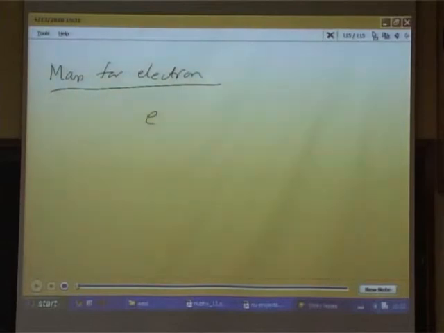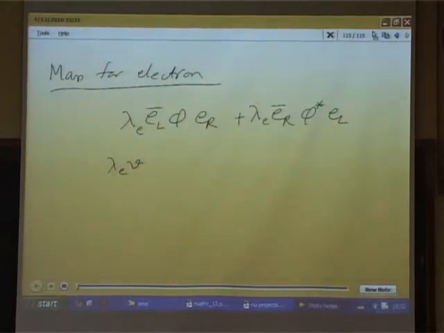We have a term which is E L bar phi E R. You can have a complex conjugate term, E R bar phi star E L. At some point when the Higgs gets a vacuum expectation value, there is a constant here, let's say lambda E. When phi gets vacuum expectation value equal to V, this is going to become lambda E V. Then E L bar E R plus its conjugate with lambda E star V. So this is going to give you the mass term for E.